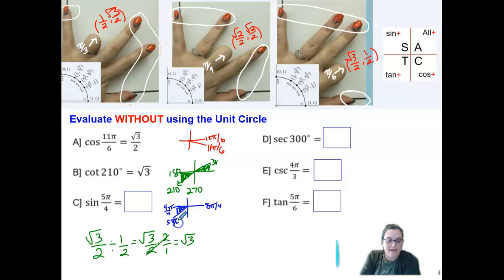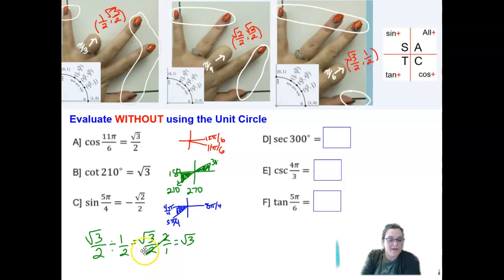And the sine is the y coordinate. Sine is negative in quadrant 3. And the coordinate is root 2 over 2, root 2 over 2. So sine is the y value, which means the sine of 5 pi over 4 is negative root 2 over 2.